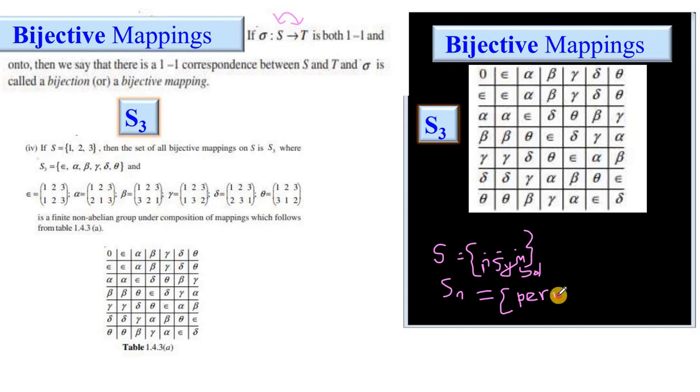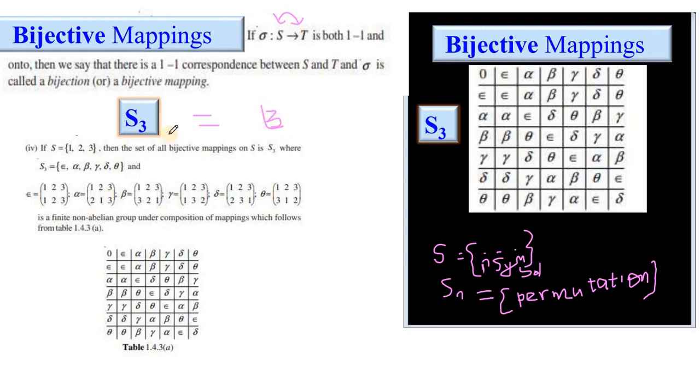If we have only 3 symbols, say 1, 2, 3, then S3 denotes the collection of all permutations on 3 symbols. If S consists of 3 elements, then S3 will consist of 3 factorial elements.